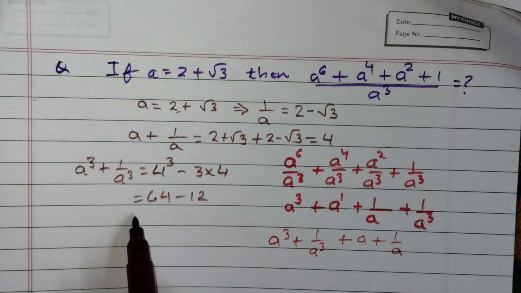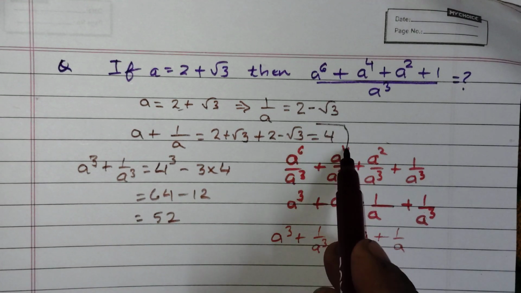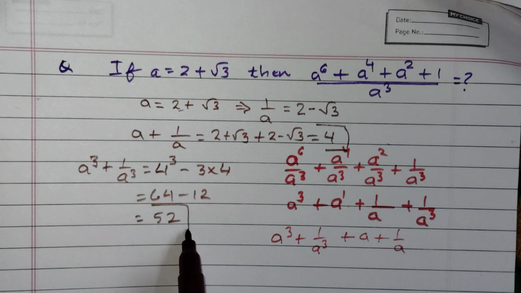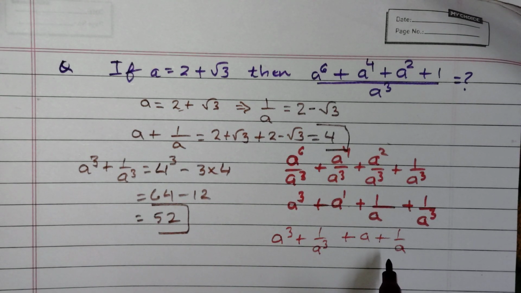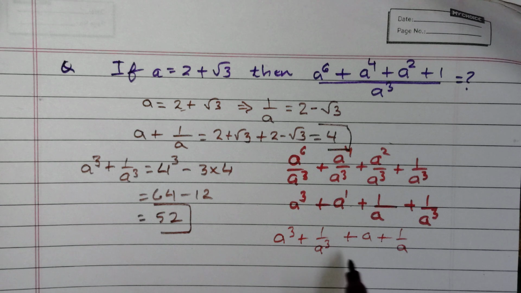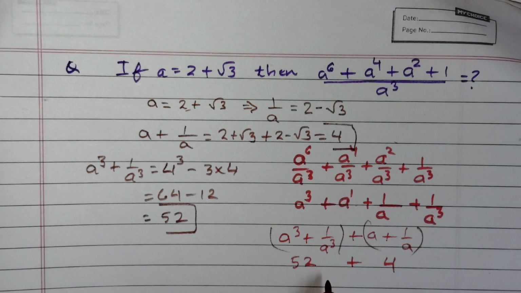So a cube plus 1 upon a cube is 52. So this value 4 and this value 52, we plug in. We get 52 plus 4, which is equal to 56 as our answer.